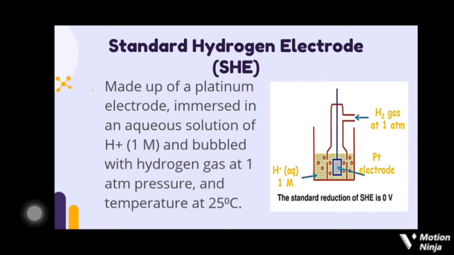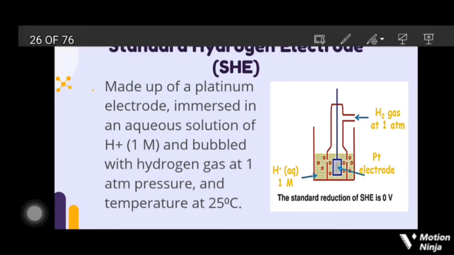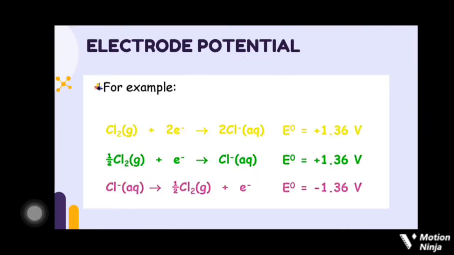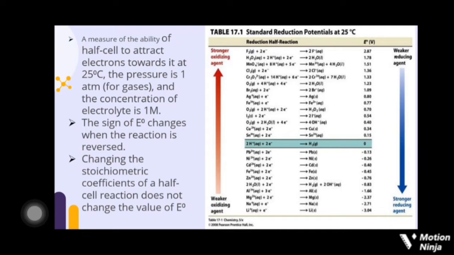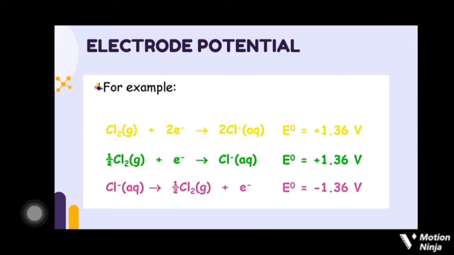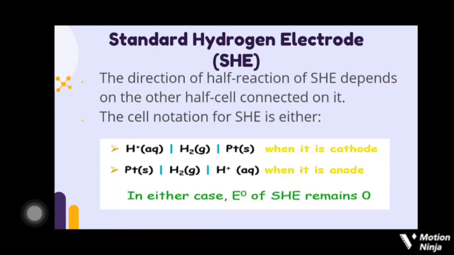It is quite familiar because I stated earlier that the standard reduction potential comes from 25 degrees Celsius with a pressure of 1 atm for gases and a concentration of 1 mole. So this SHE is the one where all of those standard reduction potentials came from.